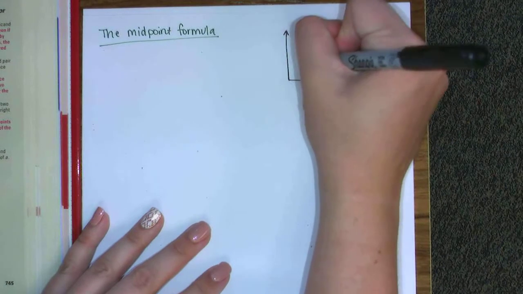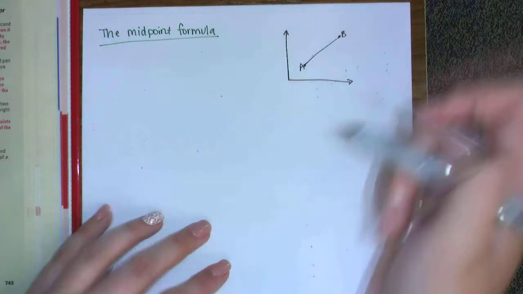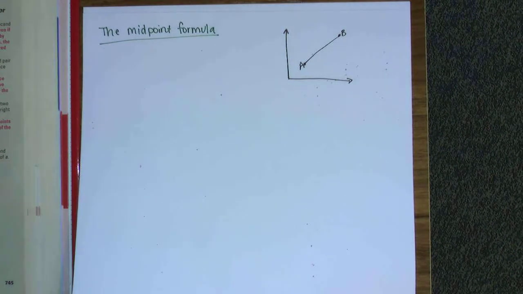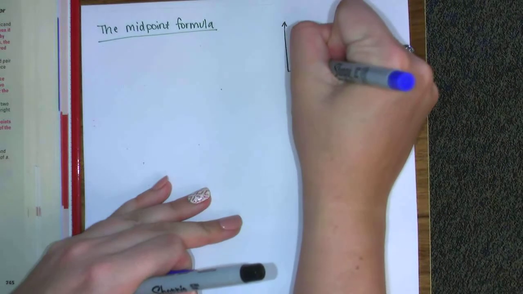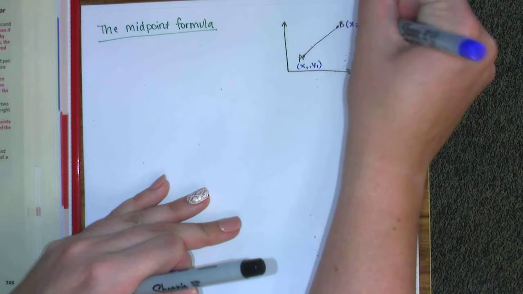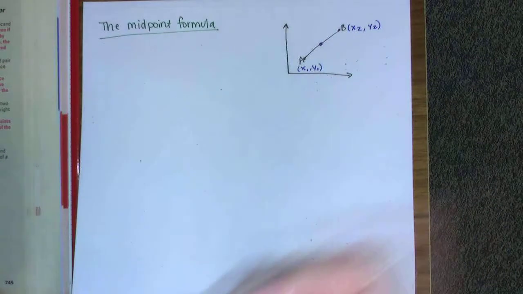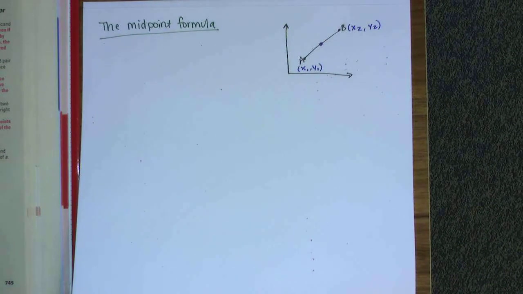So I have points A and B, okay, that are at x1, y1, and x2, y2. Okay, the midpoint is exactly halfway between the 2 points. Okay?